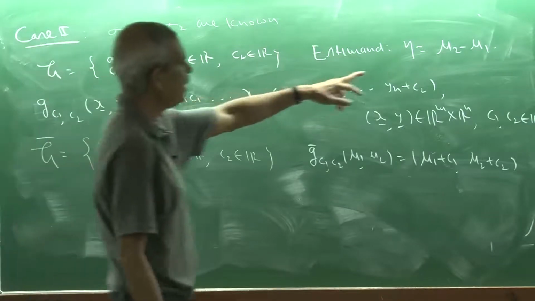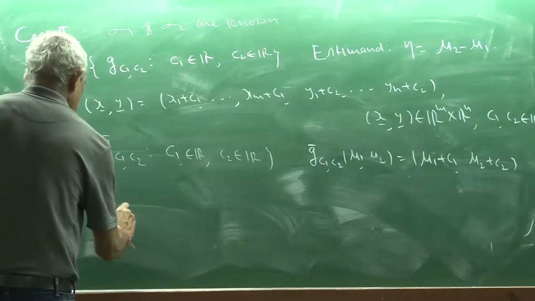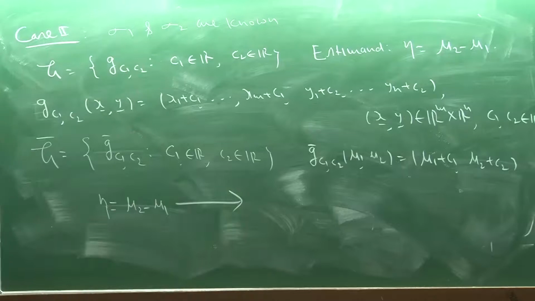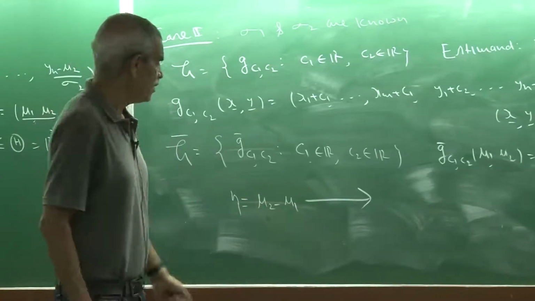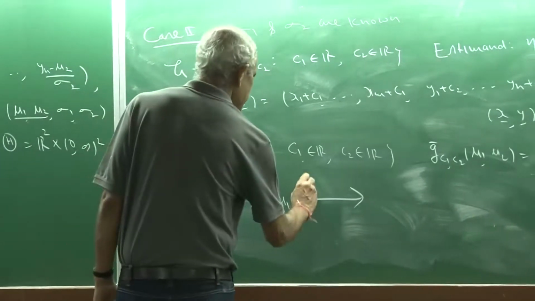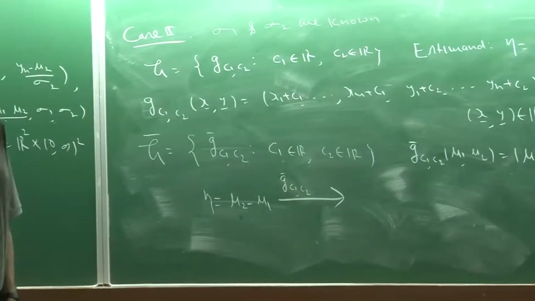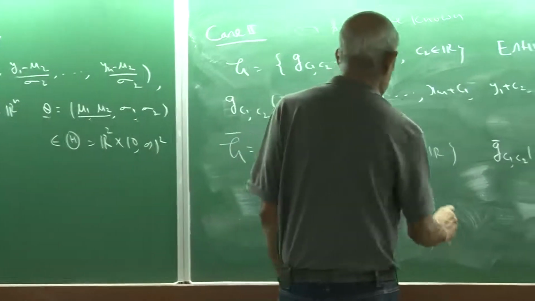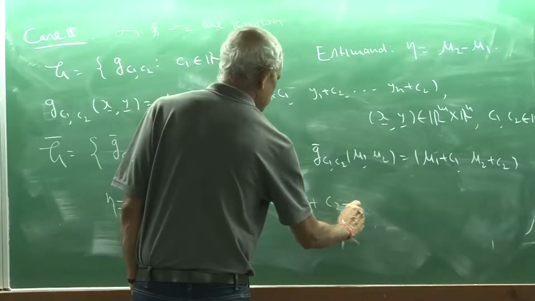Now what is happening over here? Under this group of transformations, I have to now guess what should be my induced group of transformations on the Xn space. So I see where my estimand gets transformed to. So under G bar c1, c2, mu2 goes to mu2 plus c2, mu1 goes to mu1 plus c1. So this goes to mu2 minus mu1 plus c2 minus c1.